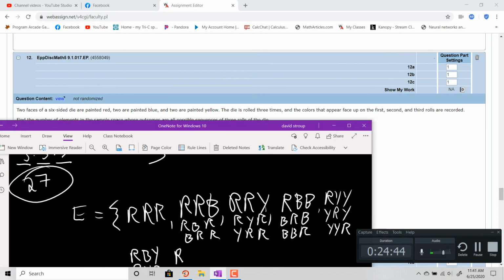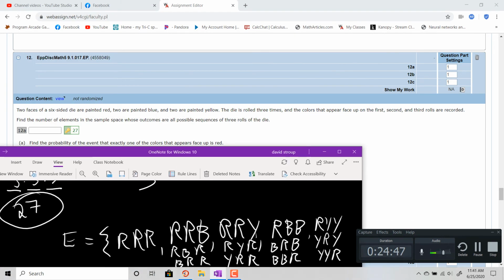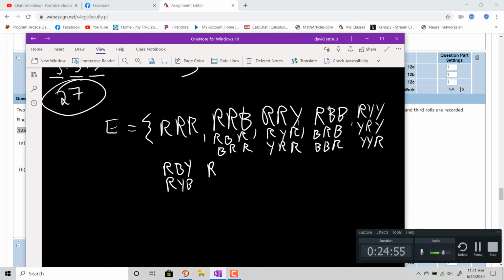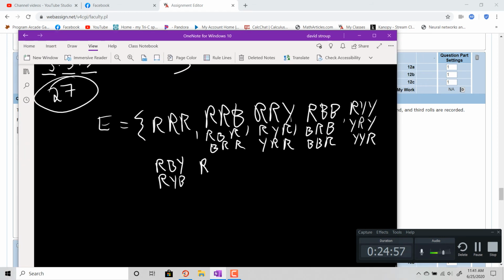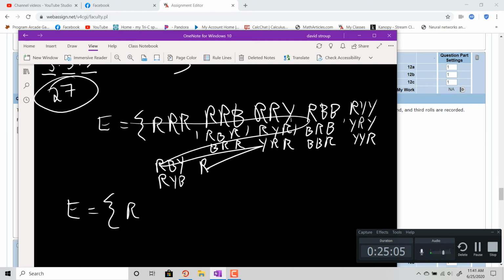Okay. Am I doing what they want? Find the probability of the event that exactly one of the colors that appears face up is red. Oh, exactly one. Sorry, I'm doing a lot harder of a problem. So exactly one is not a big issue. Sorry about that. Exactly one color is red: red, blue, yellow, or red, yellow, blue, or the other versions of those.